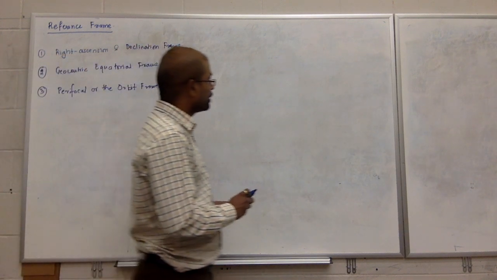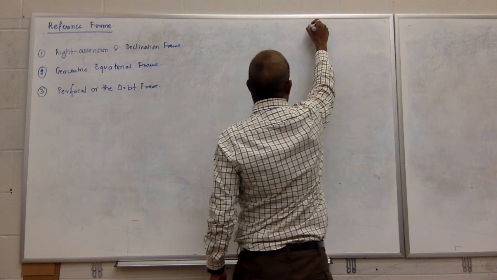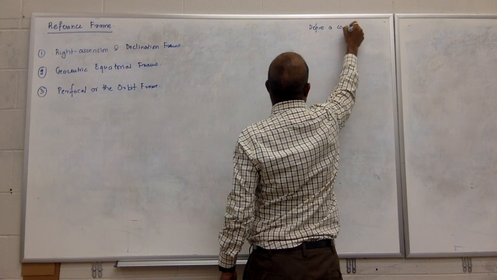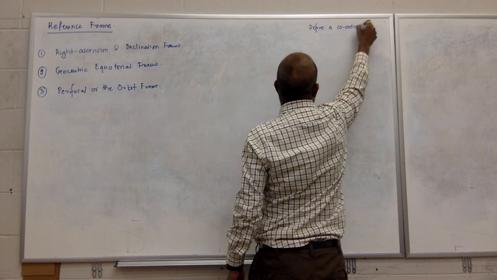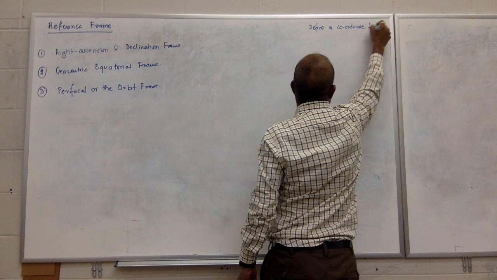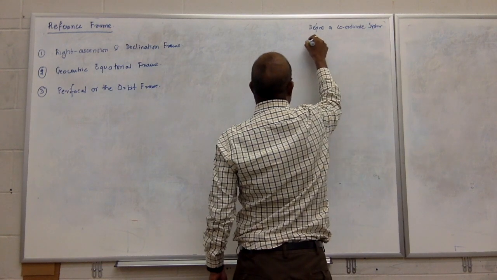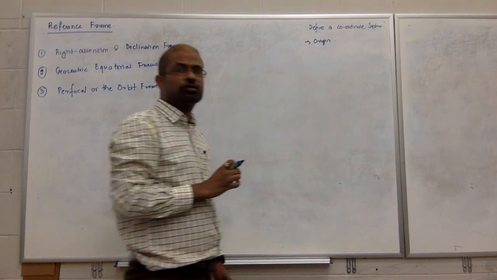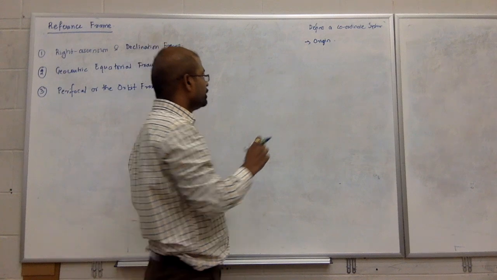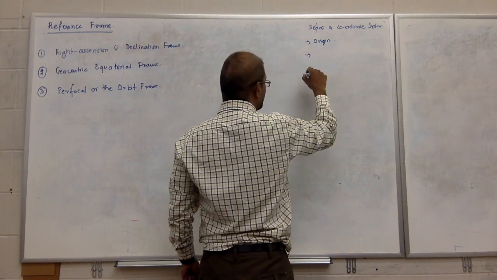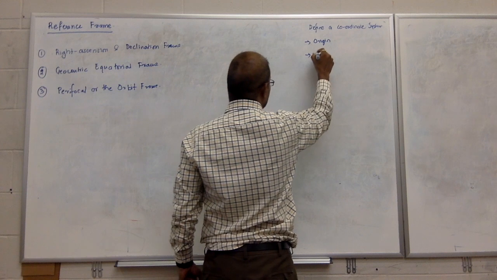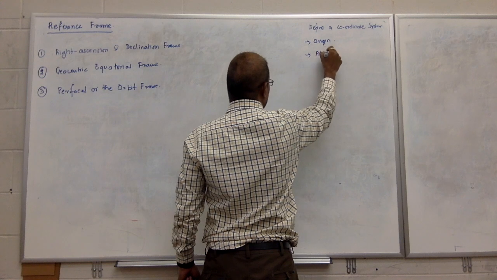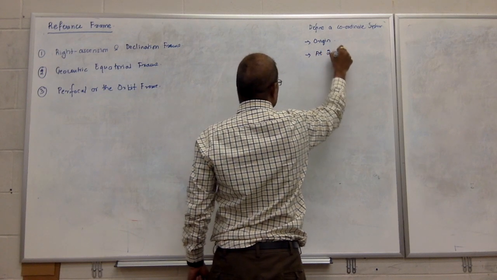What do you need to define a coordinate system? You need an origin, okay. What else? If you are defining it in Cartesian coordinates, you need at least two directions.